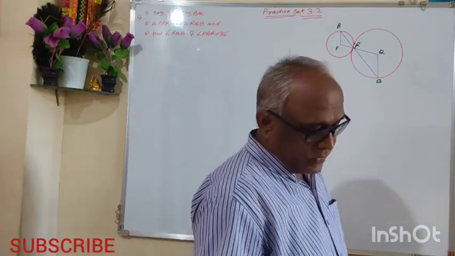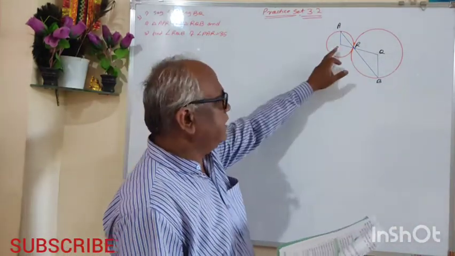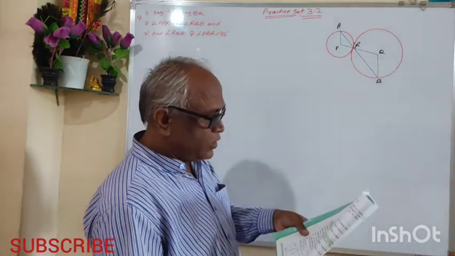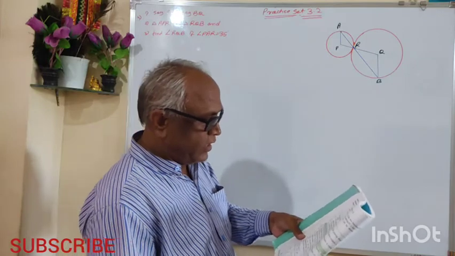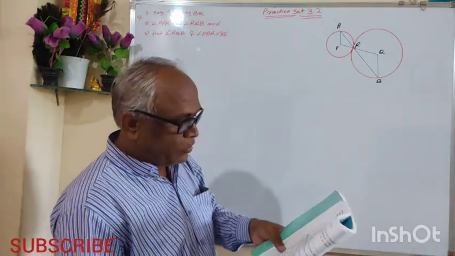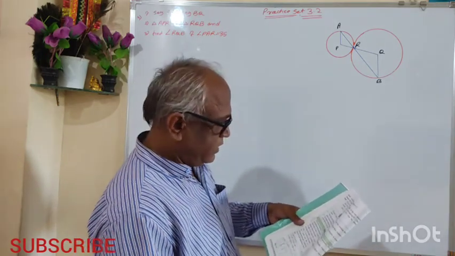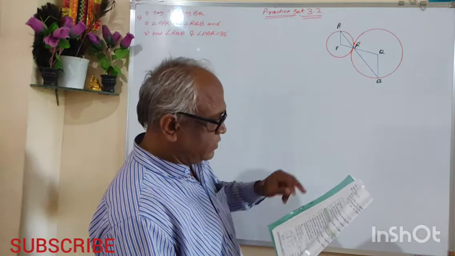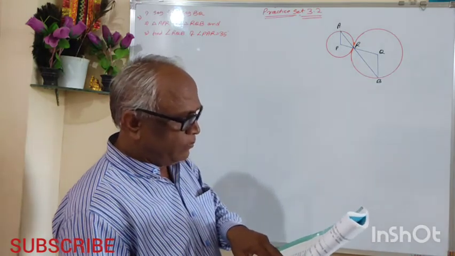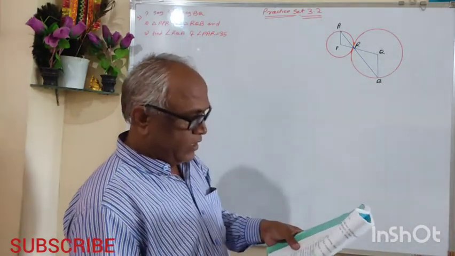In the given figure, the circle with center P and the circle with center Q touch each other externally at the point R. A line passing through the point R meets the circles at the points A and B respectively.